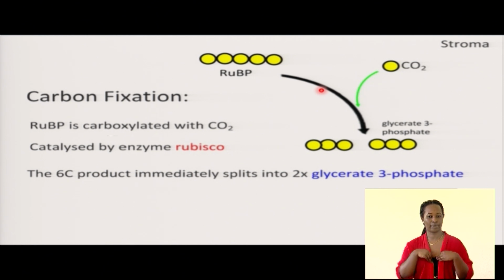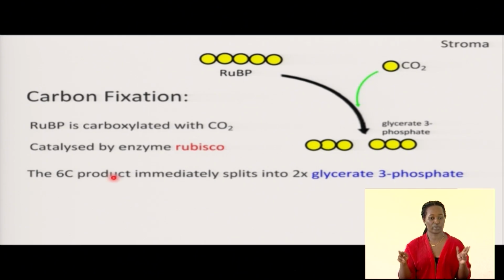Now guess what happens? The moment these become 6 carbon atoms, the compound formed is so highly unstable that it breaks into 2, forming glycerate, sometimes referred to as PGA or phosphoglyceric acid. 2 of them. Rubisco, or ribulose bisphosphate carboxylase enzyme, catalyzes the reaction.